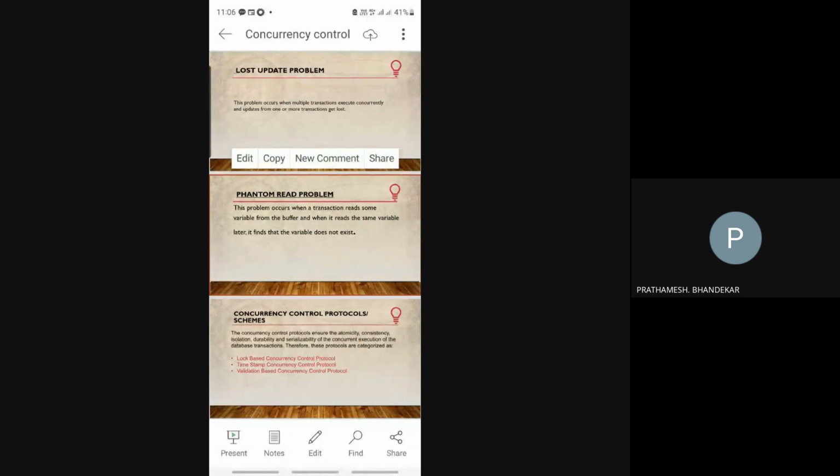Why are we having the ACID properties in a transaction? Can anybody tell me that? Why does any database need ACID properties? Anyone?